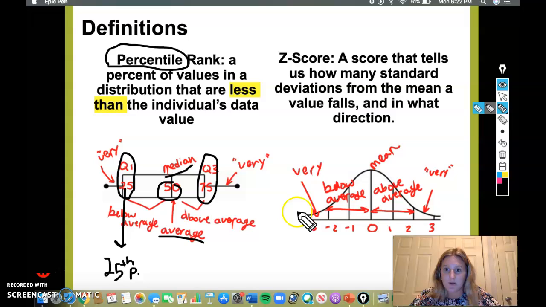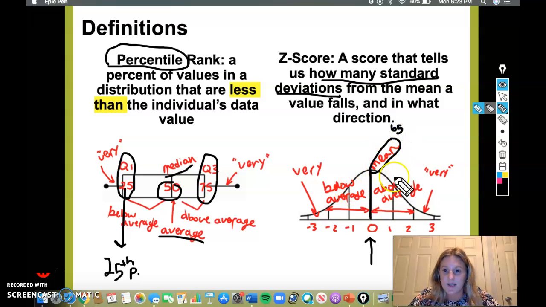We have this normal distribution. Here is the average score, a 0. If you're average, you're falling right here. What a Z-score tells us is how many standard deviations from the mean a score falls. So if this is the average, let's say the average height is 65 inches tall, and you are 68 inches tall, so you're somewhere over here.